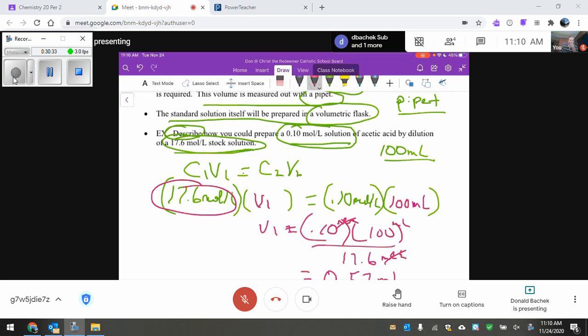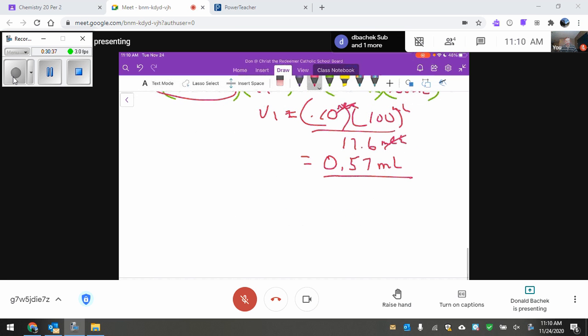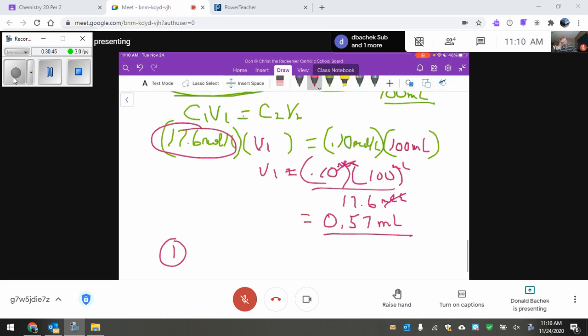I'll explain that right away, but we should end up with 0.57. Now, we're going to use 4 steps here as well. Basically, how this works is this. Don't do this, but just watch.